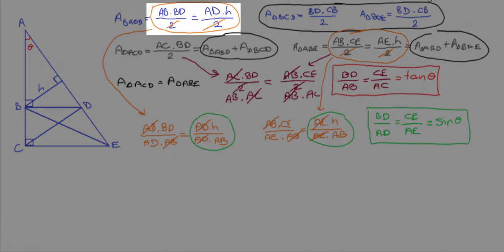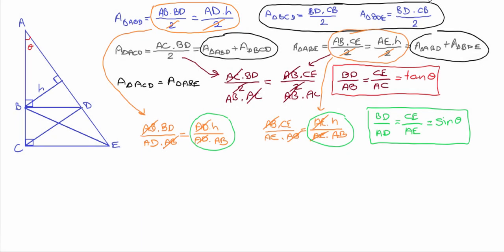First, I will again use this equation here. This time, first, I will divide both sides by AD. These cancel, and again divide both sides by BD.